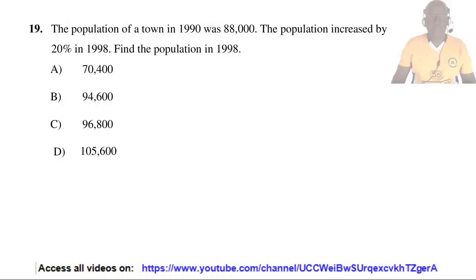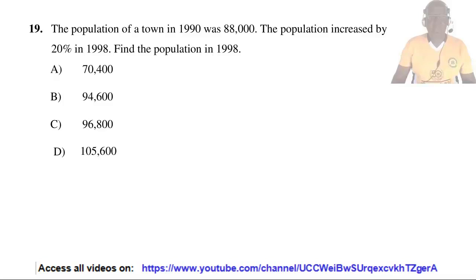Question 19. The population of a town in 1990 was 88,000. The population increased by 20% in 1998. Find the population in 1998.